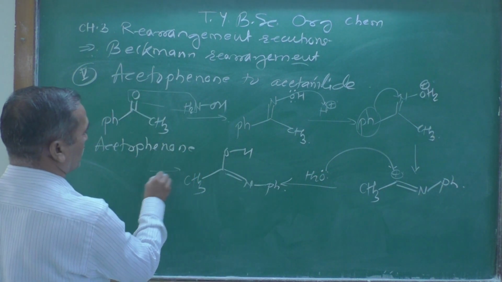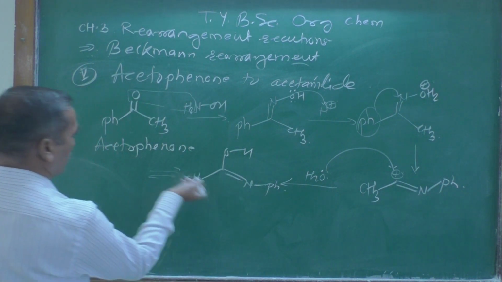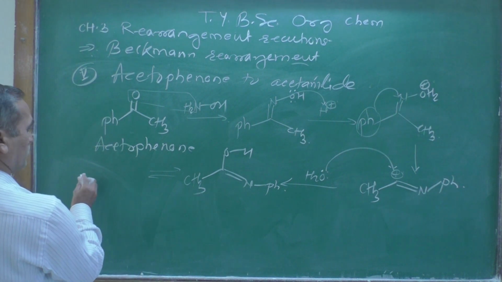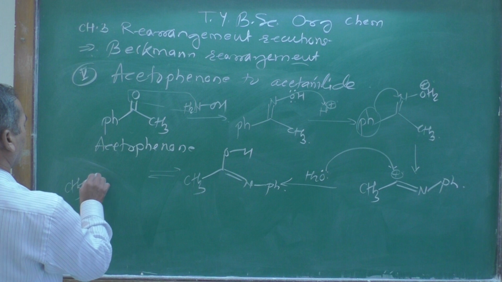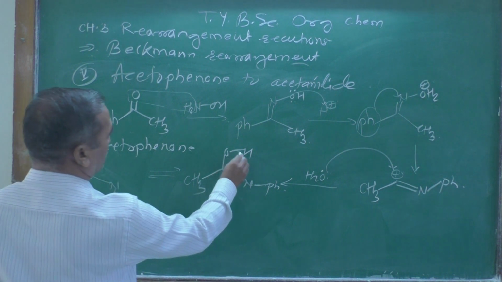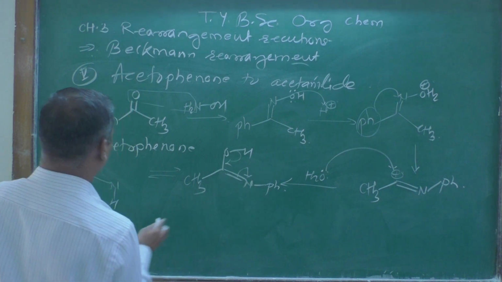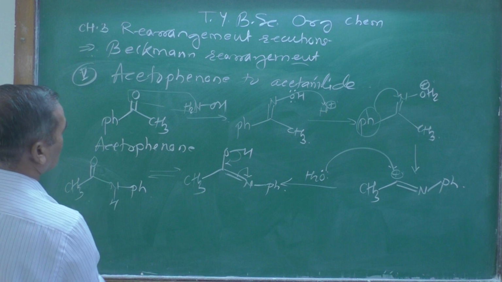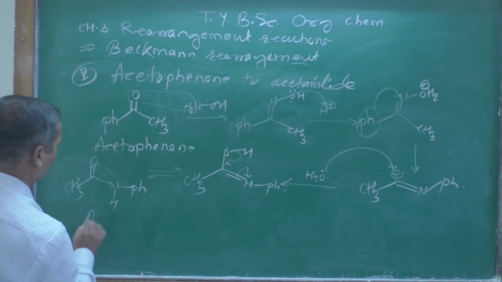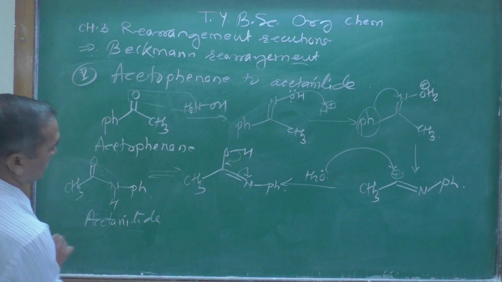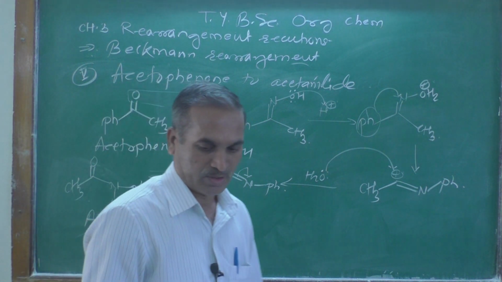Now as we know this is an enol form, it is going to convert into a more stable form, that is CH3 double bond O, then NH like this, and you are going to get NH and pH, and this is nothing but acetanilide, right? This is acetanilide which we got over here.